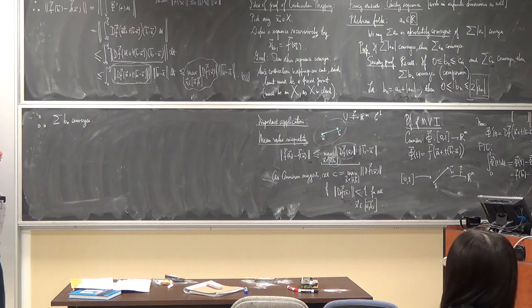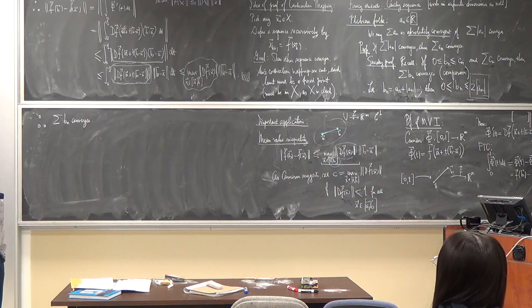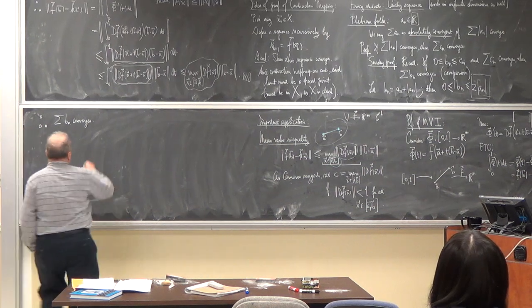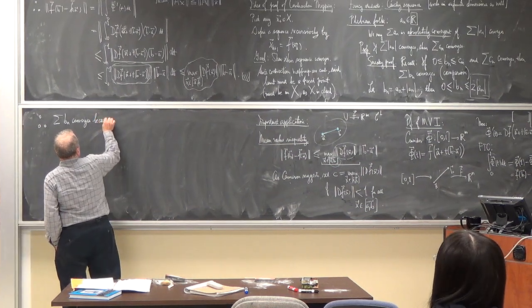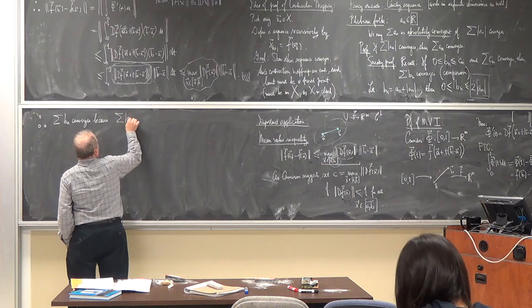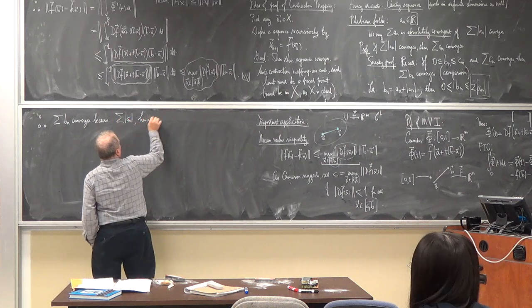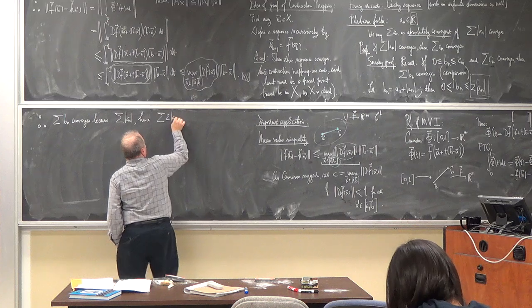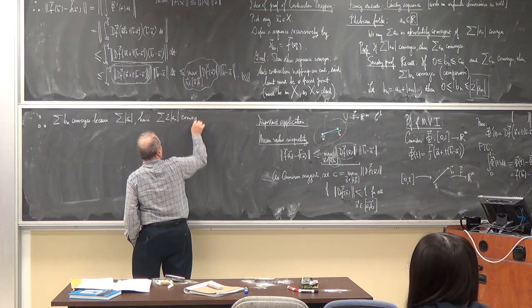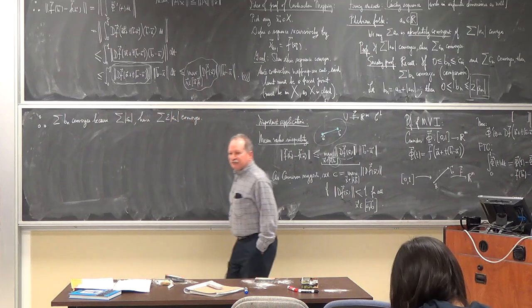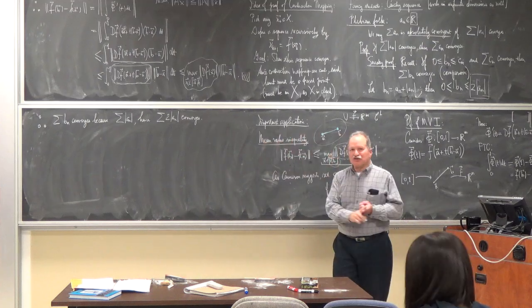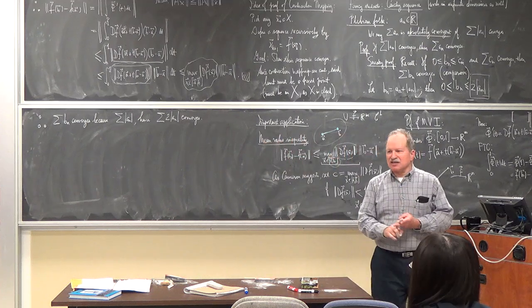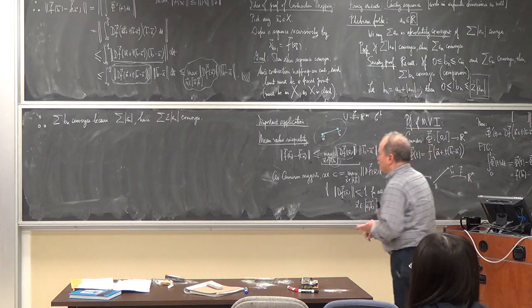We're trying to prove the series of a_n converges, knowing that the absolute value series converges. So you have the absolute value series converges and the b_n series converges. How do you get a_n back?